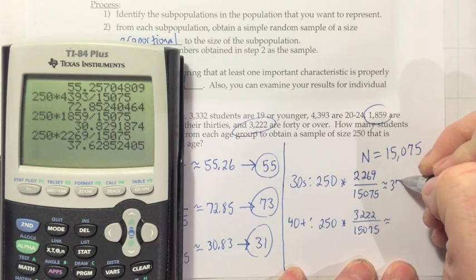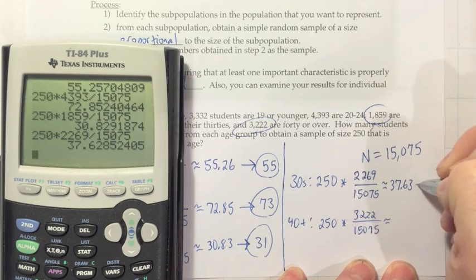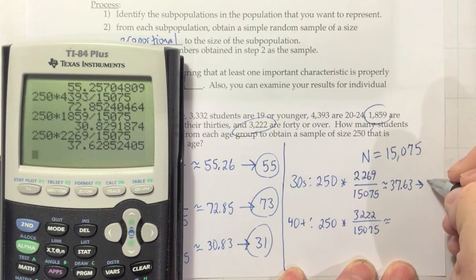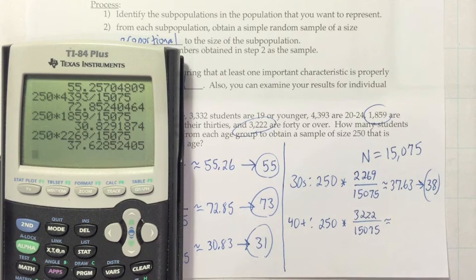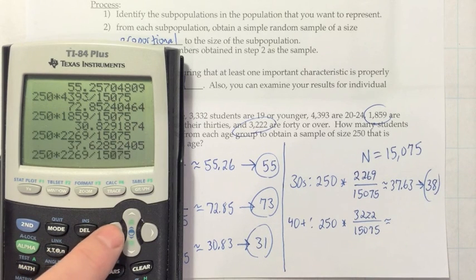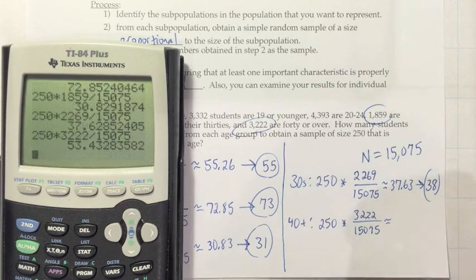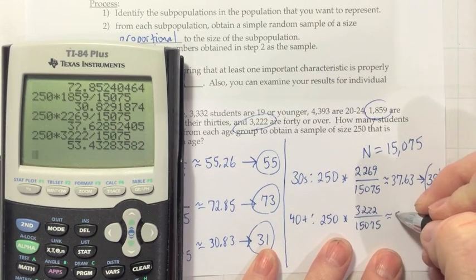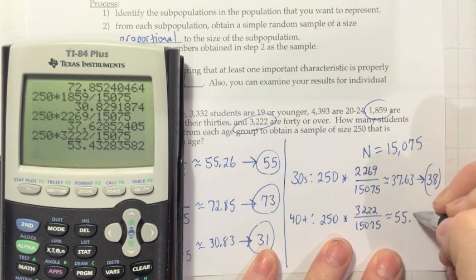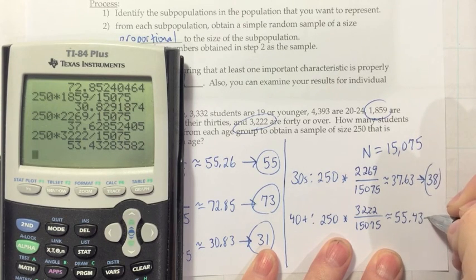So we have about 37.63, which rounding to an integer would be 38. And then going finally to those 40 and above, and changing that to 3 and then 2's. And for that one to get 55.43, which would round to 55.